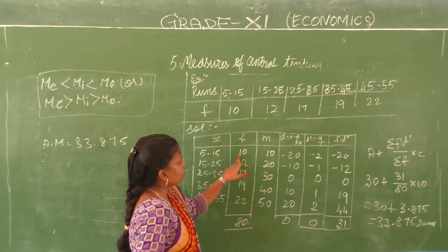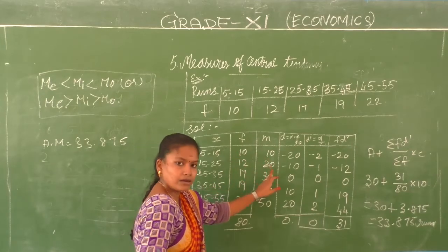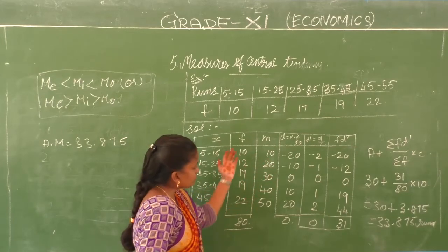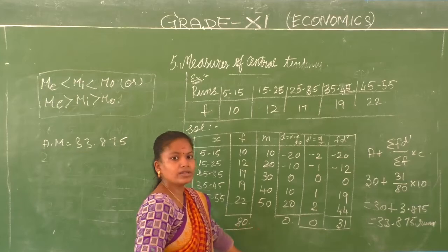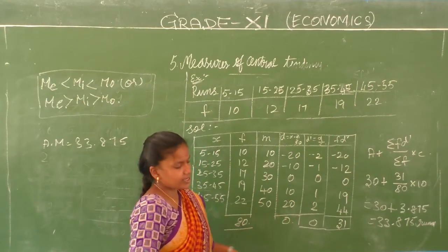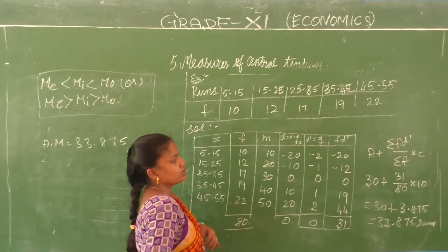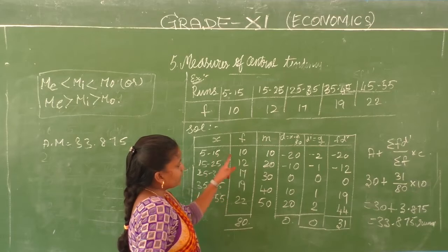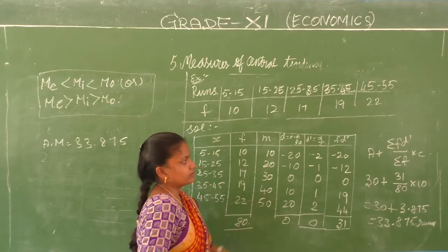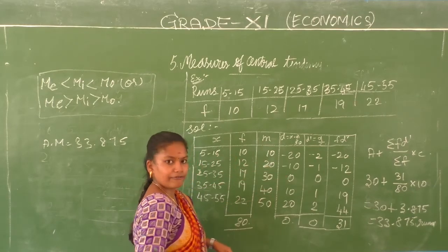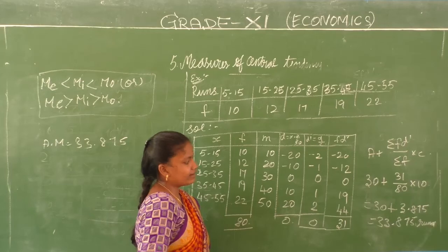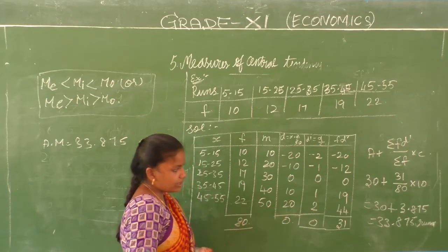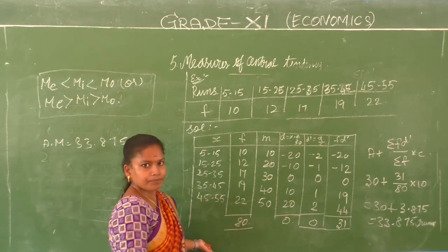You need to just multiply these two, sigma fm by f. If you just multiply this and divide it by 80, you will get a value. That will also be the same. If you take the assumed mean method also, it will be the same. It's nothing but f into d directly. Right, children? F into d directly, you will get a value. That will also be the same in all three methods.